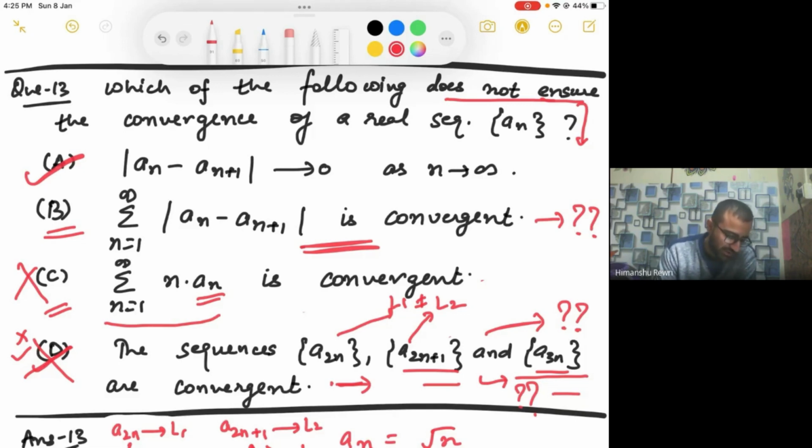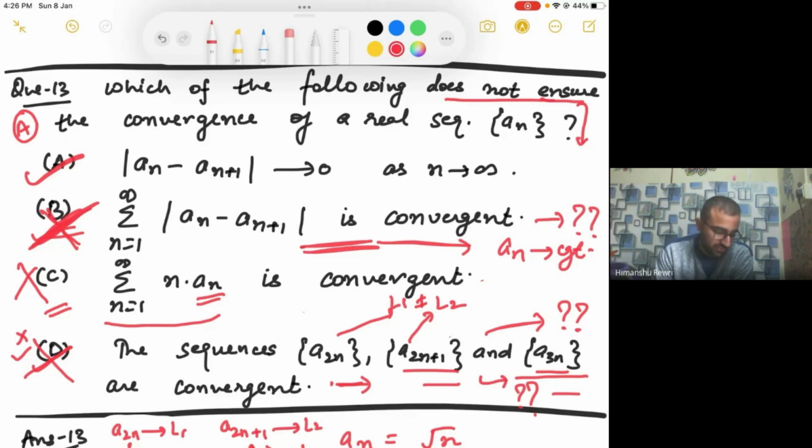This also makes sure that if this is convergent, then An is also convergent. So think about this part. So the correct option is A part. I'm not doing option B now, so do this as an exercise, or if we have the time, then we will discuss this part B.